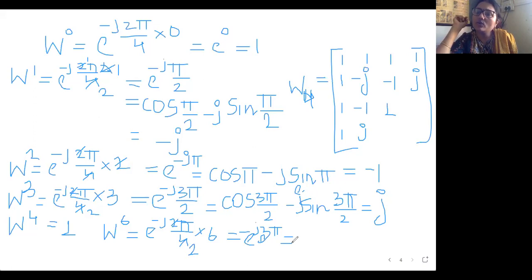What is cos 3 pi? It alternates: cos pi is minus 1, cos 2 pi is plus 1.